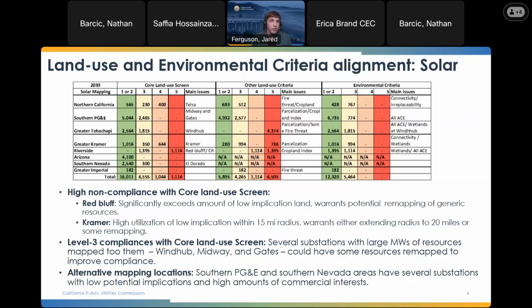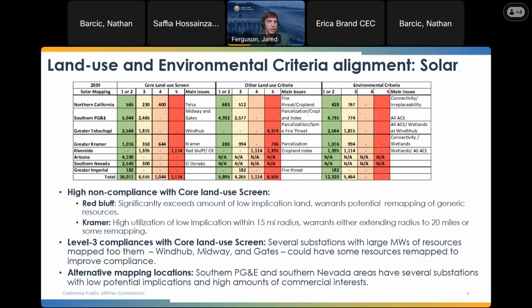So looking out 20 miles would increase the amount of low implication land that's within range for solar. So that's one option. The other option is to remap some of the solar resources at that area.